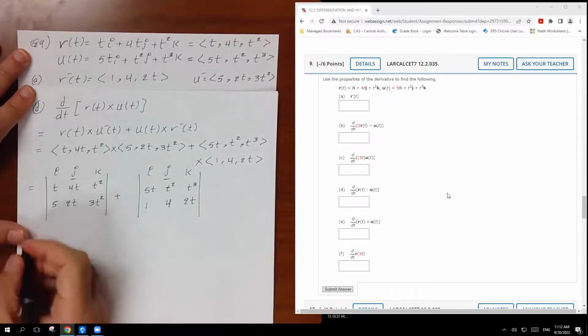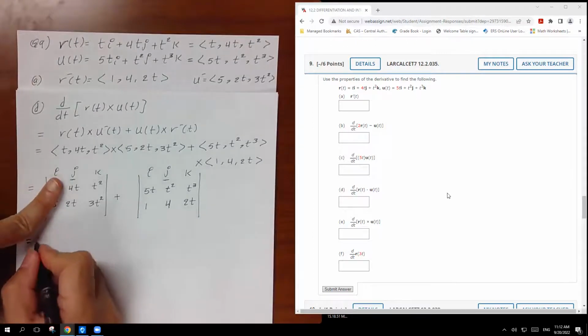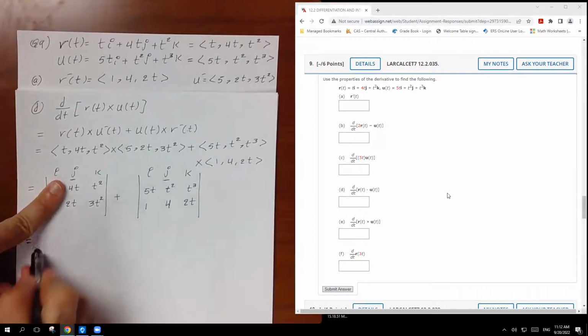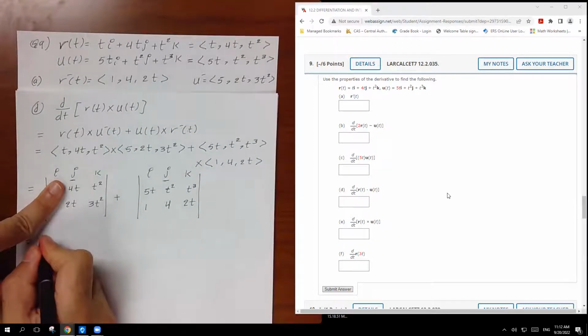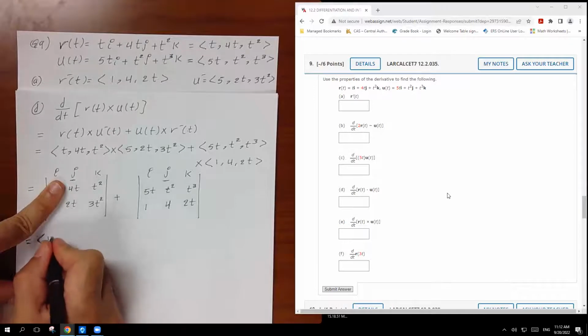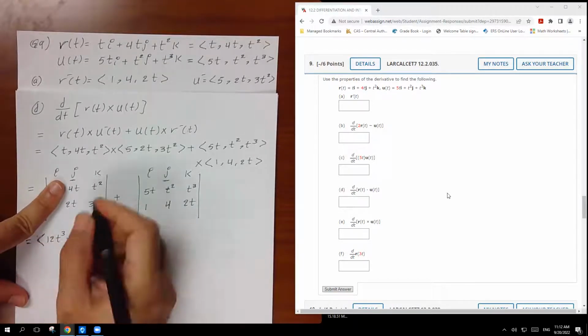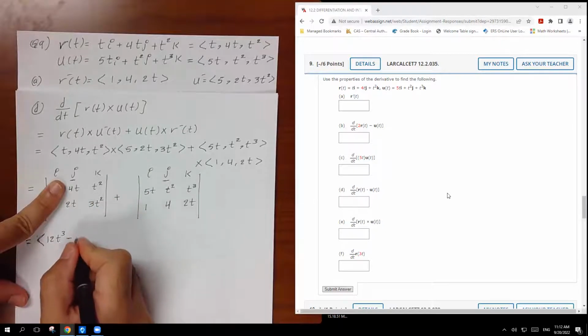Now let's do the cross product on the first part. For the i, let's read this one, the component 4, it's going to be 12t cubed minus 2t cubed.